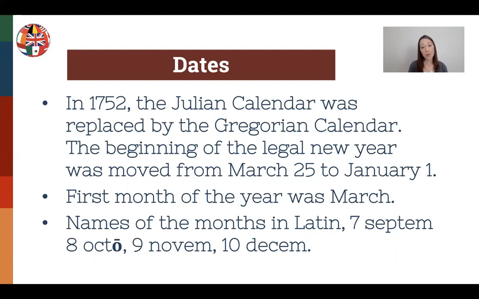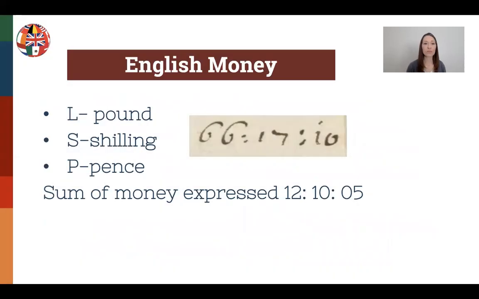The way that I remember that is that in Latin, you've got 7 is septem, 8 is octo, 9 is novum, and 10 is decem. And all of those are the names of the last 4 months. So September, October, November, December. So if you just remember December was the 10th month, then January would be the 11th and February would be the 12th. So hopefully that's helpful.